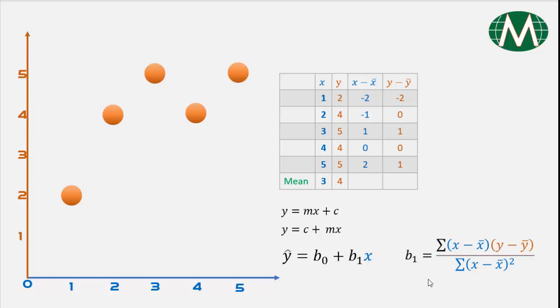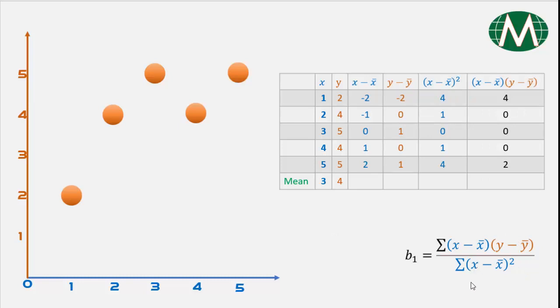And this is the formula of b1. Now we will first calculate b1. If you look at the formula, we need this in the numerator and this in the denominator. To calculate (x minus x bar) whole square, we will create another column and square up this column.